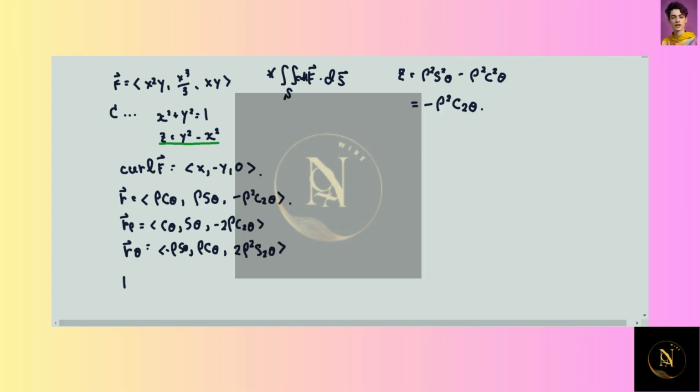Now let's take the cross product, rho cross theta. When you find the cross product straightforwardly, you should get an expression that looks like this: 2 rho squared sine theta sine of 2 theta plus 2 rho squared cosine theta cosine of 2 theta. And that's just for the x entry, or the i vector.